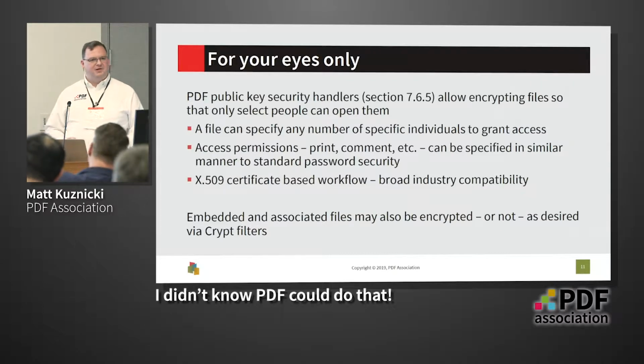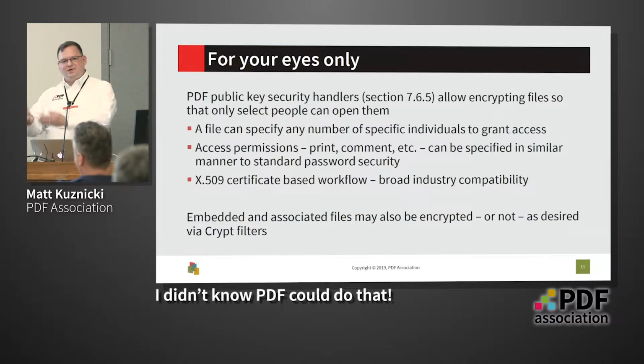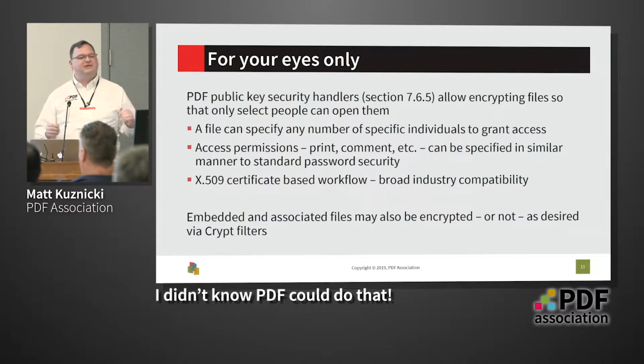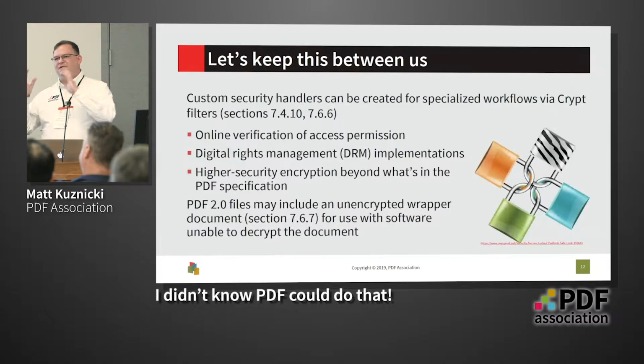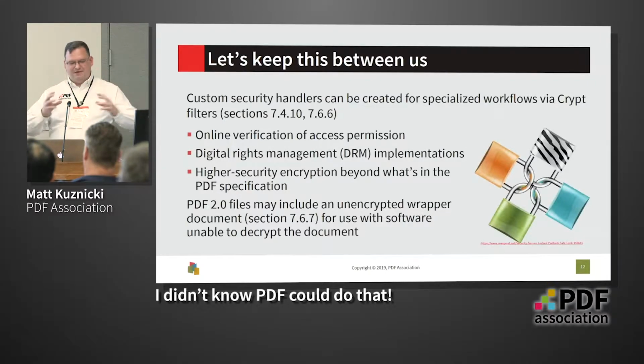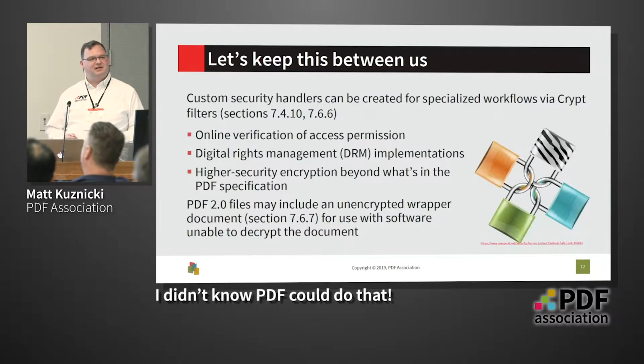Documents can also be partially encrypted. So when you have embedded files, when you have associated files, when you have embedded data streams, we can use crypt filters to encrypt only parts of documents, which means that different parts inside a PDF can be encrypted through different mechanisms.